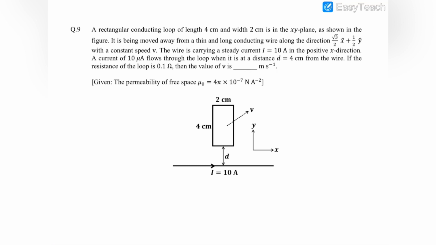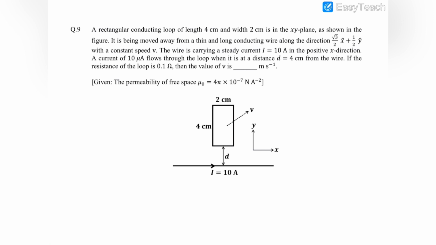In this question, you can see that there is a rectangular loop of side 4 by 2, and this is being moved away from this wire with a constant speed v, but the direction of v is this.